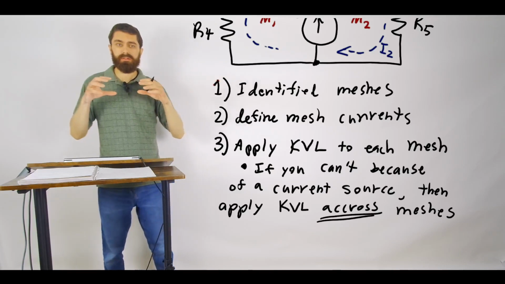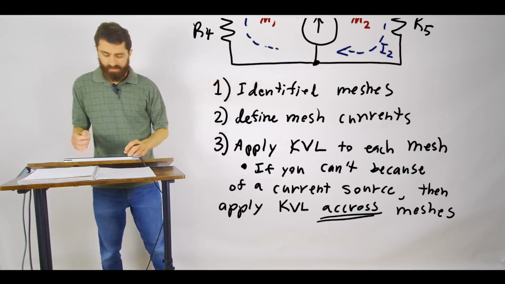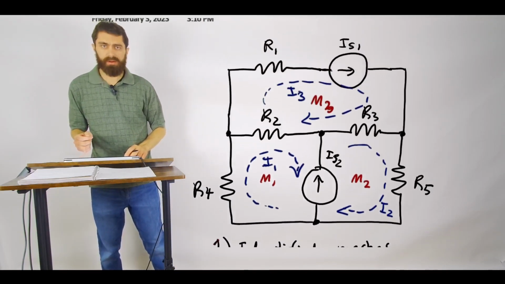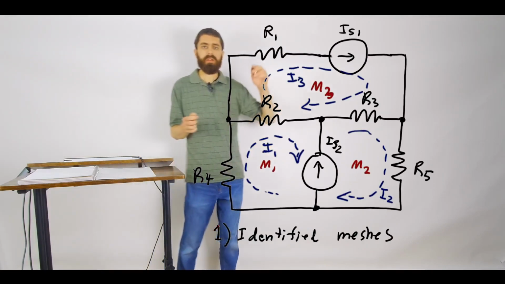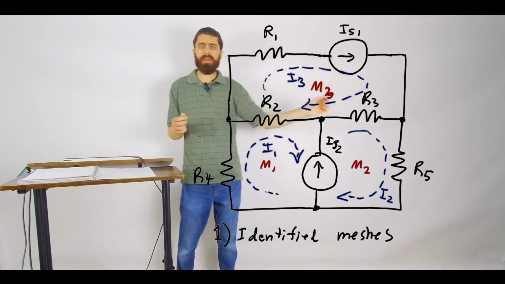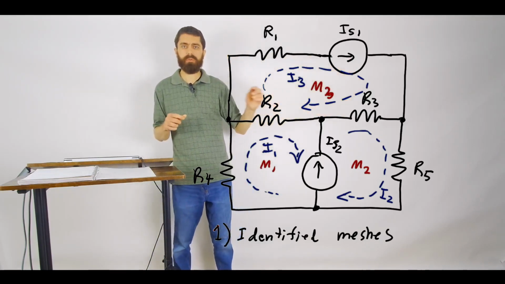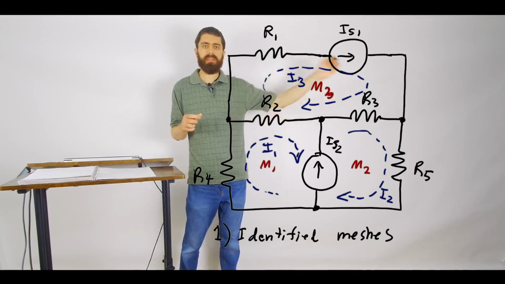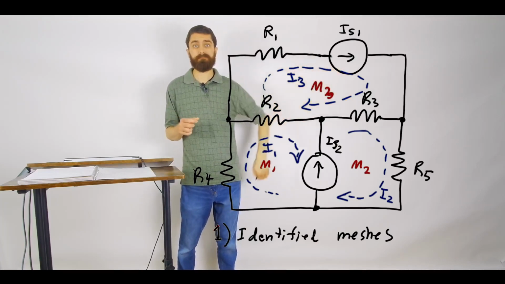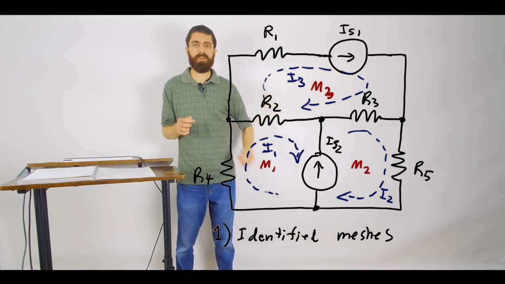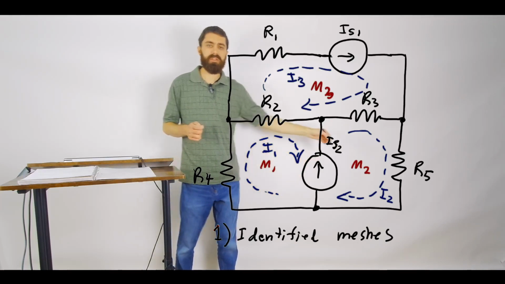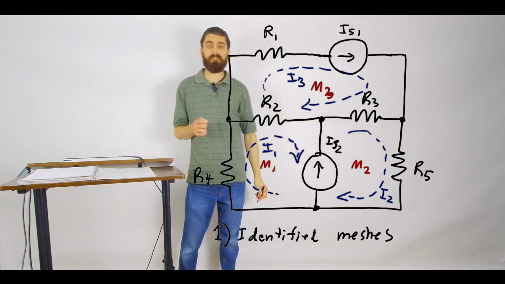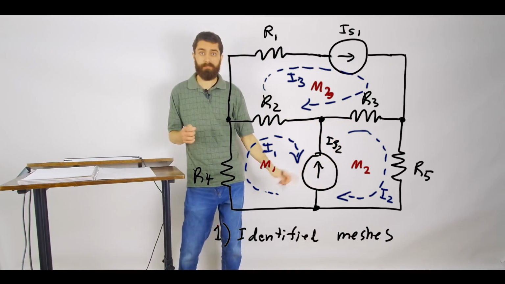into a current source. So if you think about it, we've defined our meshes here, and according to that caveat in the rule, we're not going to apply KVL here because there's a current source there. So, nope. Now let's ask whether we can apply KVL in this mesh. Nope, we've got the current source. KVL in this mesh? Nope, we've got the current source there.